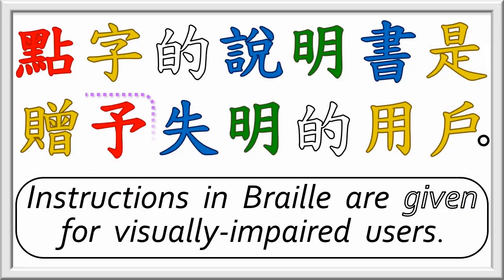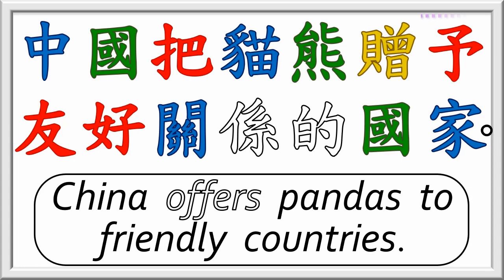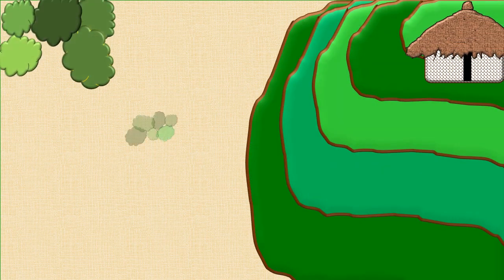Paired with 予, it means to give or offer as a gift. 点字的说明书是赠予失明的用户。Instructions in Braille are given for visually impaired users. 中国把猫熊赠予友好关系的国家。China offers pandas to friendly countries. The third character in today's lesson incorporates yu as phonetic.